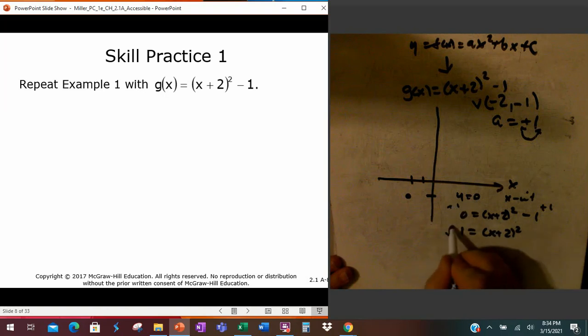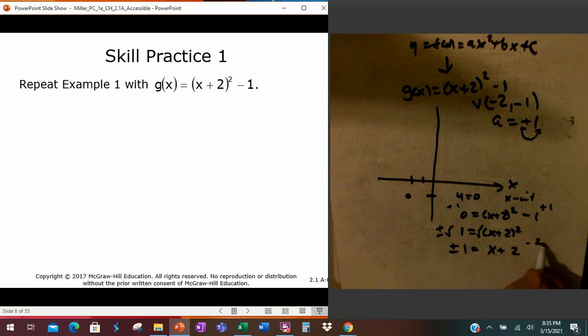And then I take the square root of both sides, and this needs to be plus or minus. So the square root of 1 is just 1, so plus or minus 1 is equal to x plus 2, and then I'm interested in x, so -2 plus or minus 1 are my x-intercepts.